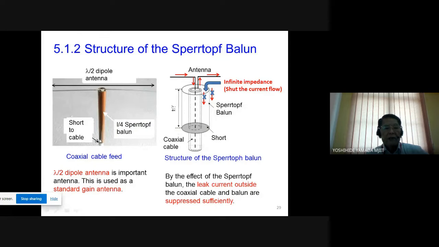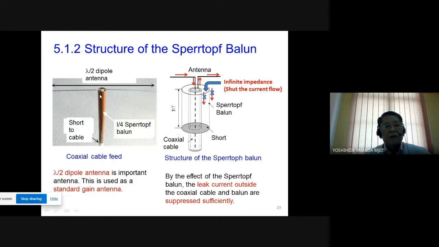So actually, this is an actual case. Here, this is the sleeve top. The length is a quarter wavelength. The bottom is soldering. And this is the inside conductor. This part is the outside conductor. Attached here.